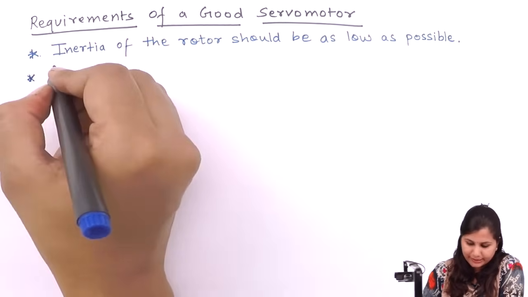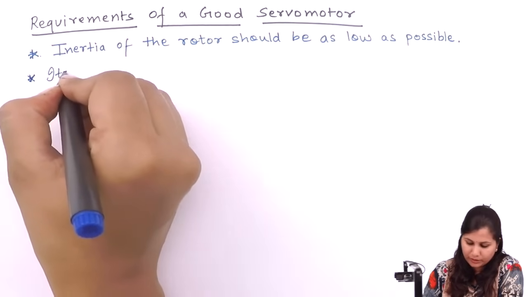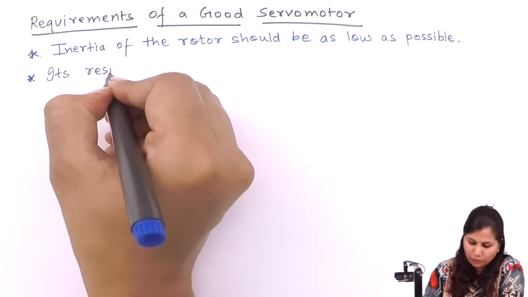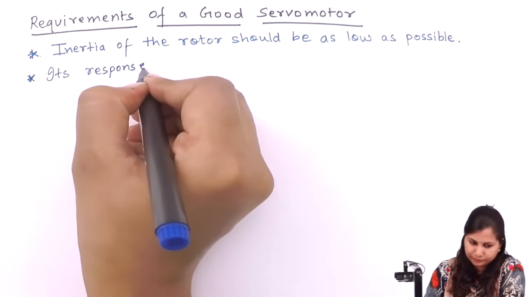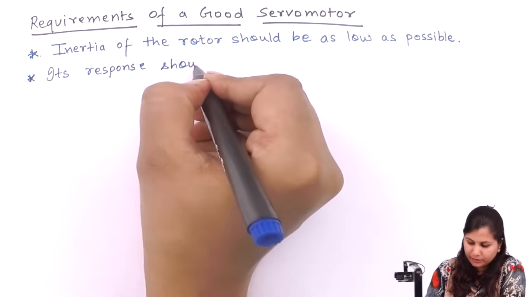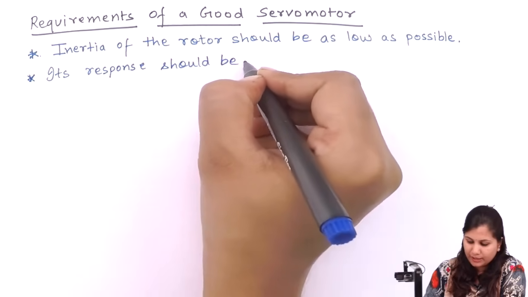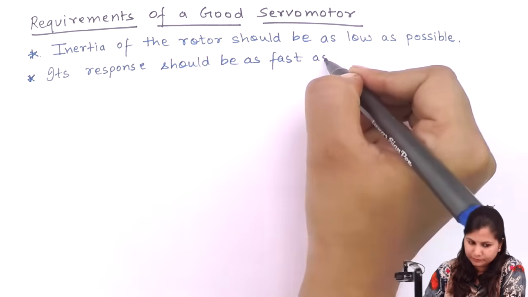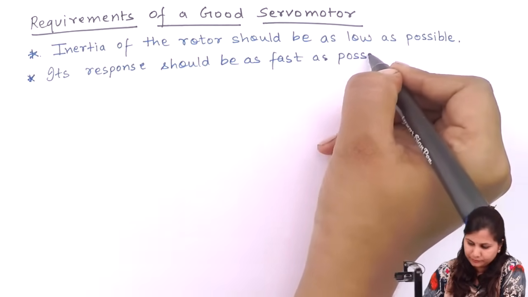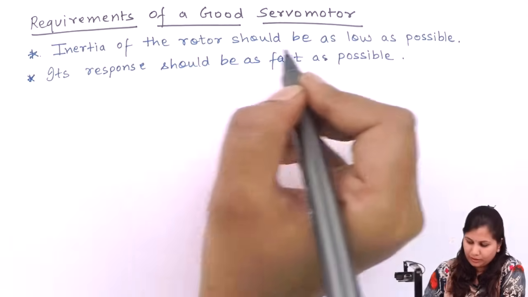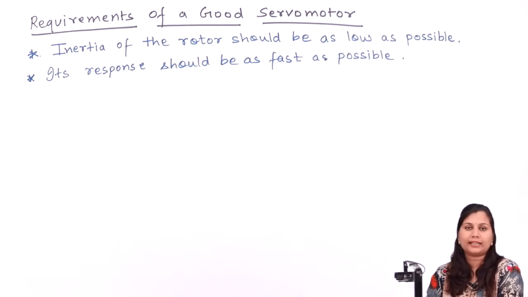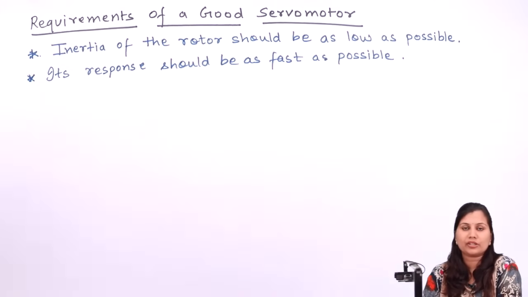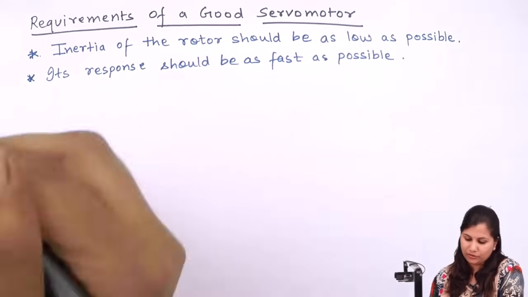The second requirement is that its response should be as fast as possible. Response should be fast: if we change the input signals, the servo motor quickly responds to these changes.